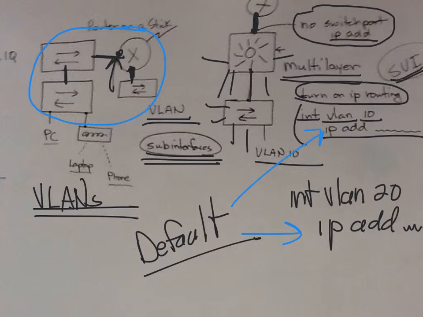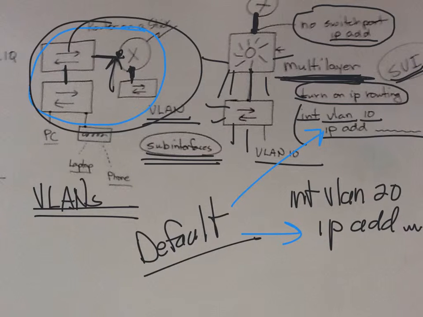So we create those switch virtual interfaces, and so we can do routing between the VLANs inside the multi-layer switch, which is probably a better way than doing it through a router.